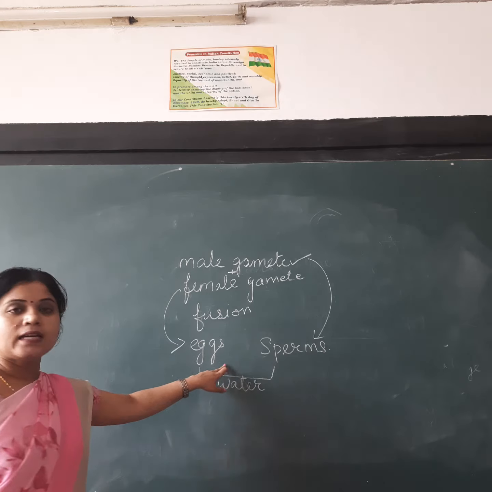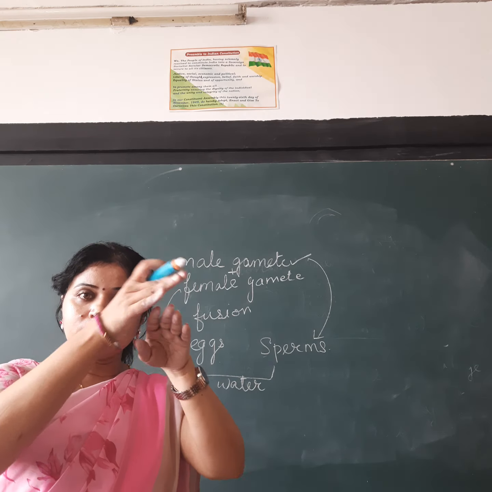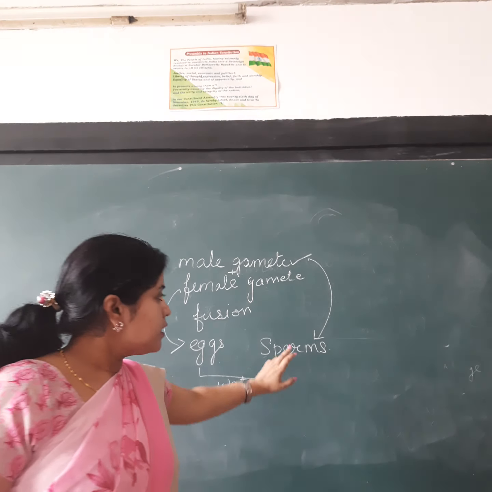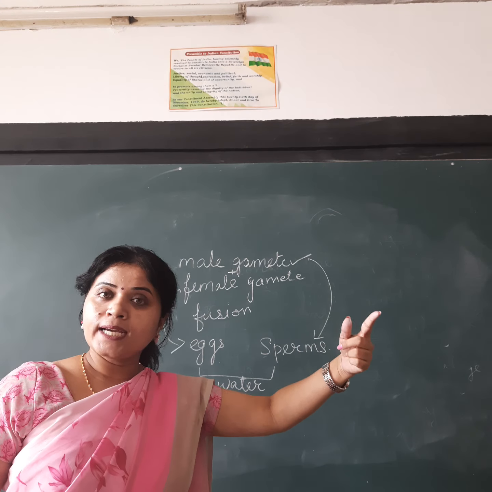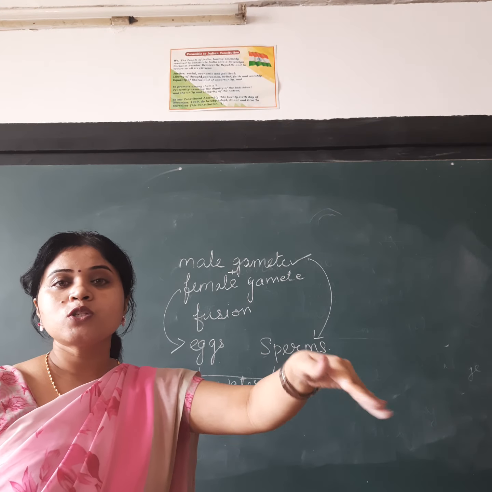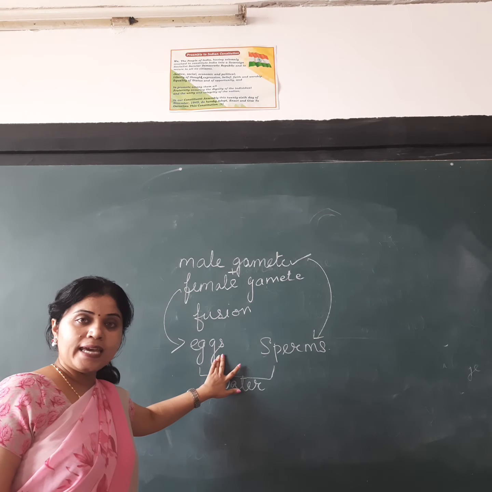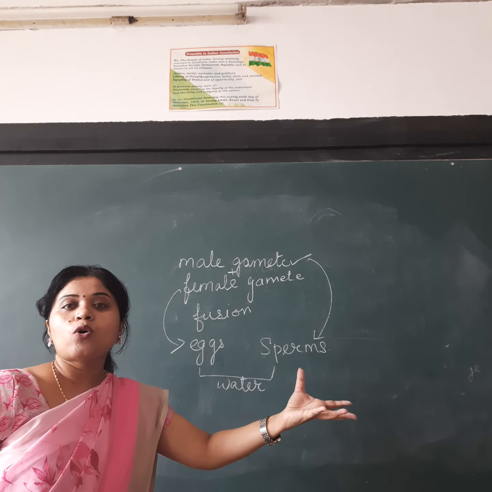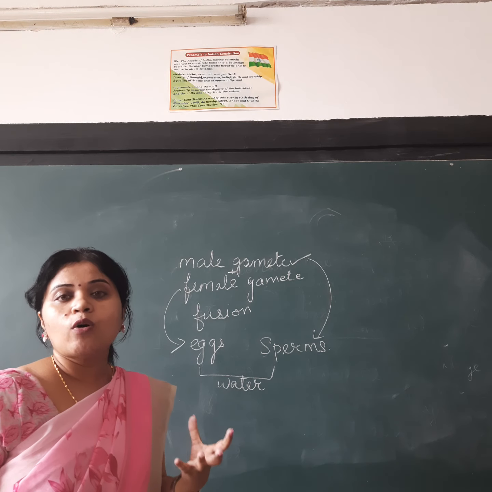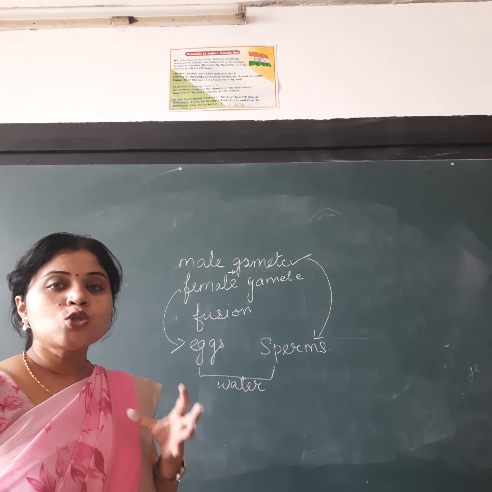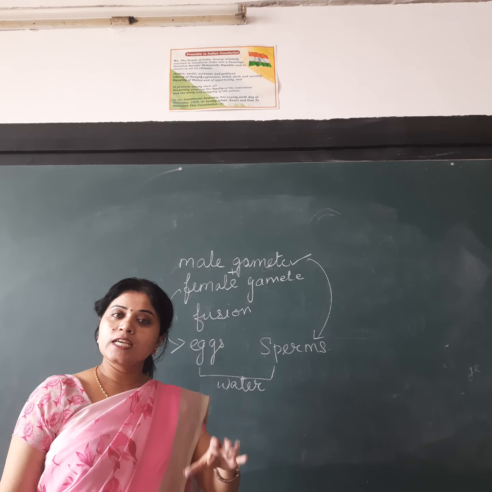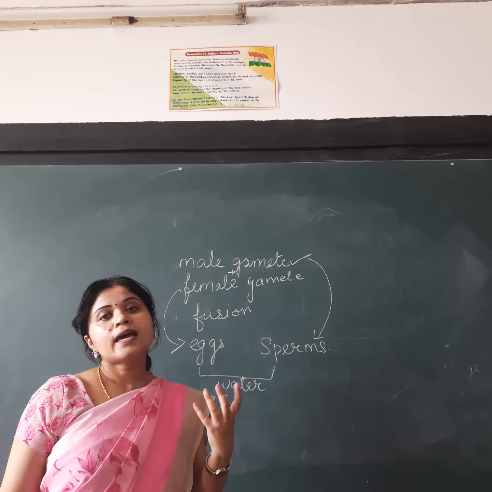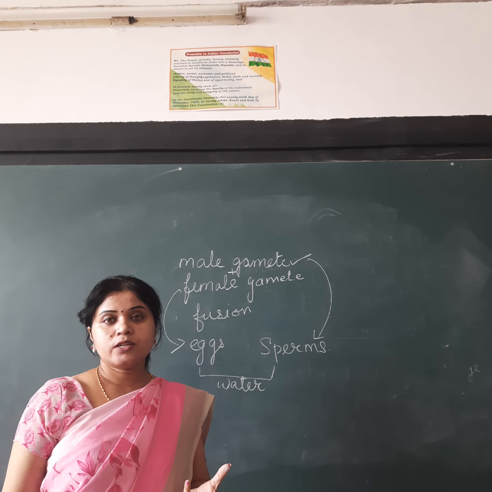The eggs are covered with a jelly-like substance to prevent damage to the eggs. The sperms, as we know, are motile, so they will float on the surface of the water and reach the eggs, and fertilization takes place in the water, outside the body of the male or the female. That type of fertilization which takes place outside the body of the organism is called external fertilization.